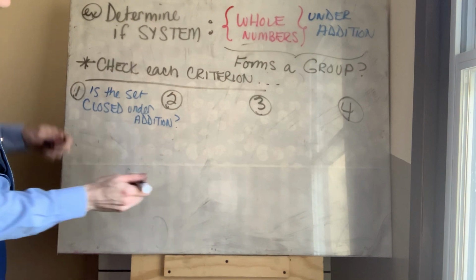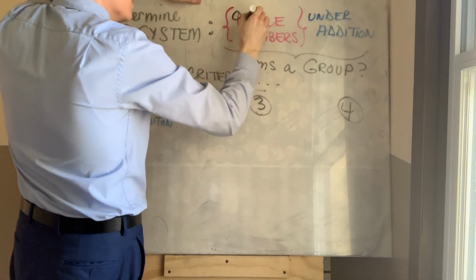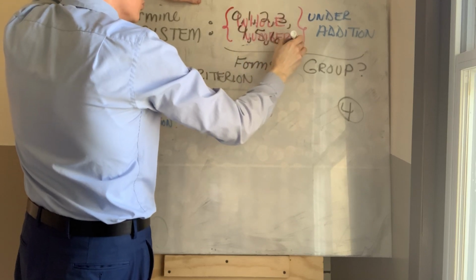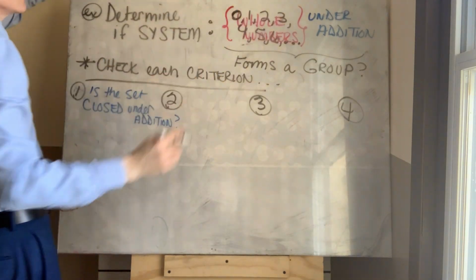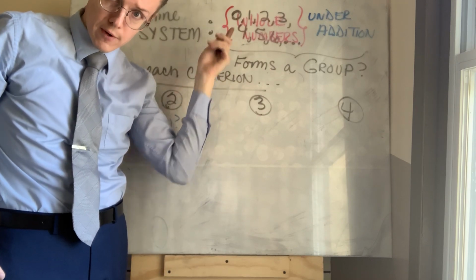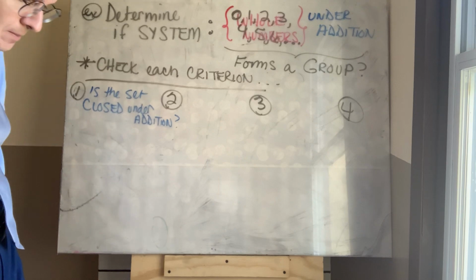What are the whole numbers? The whole numbers are 0, 1, 2, 3, 4, 5, 6, and it goes into infinity, right? The difference between whole numbers and natural numbers, remember, is that natural numbers start with 1, whereas whole numbers start with 0, right? And does not include the negatives, because that would be the integers instead.